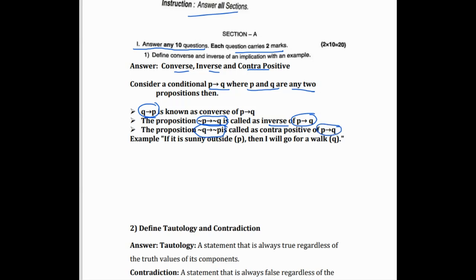For example, if P is: if it is sunny outside, then Q is: then I will go for a walk.